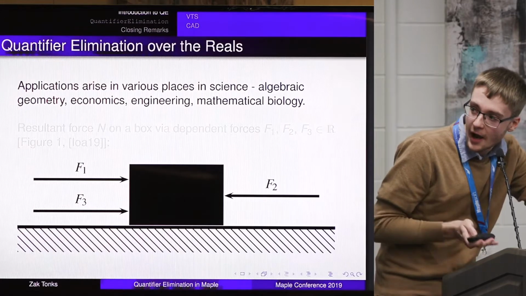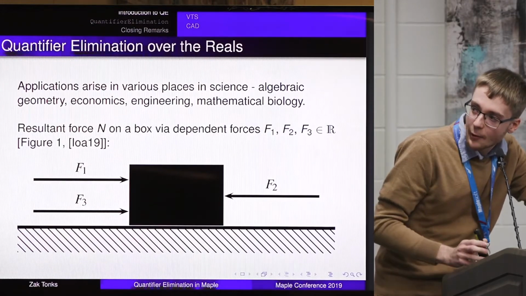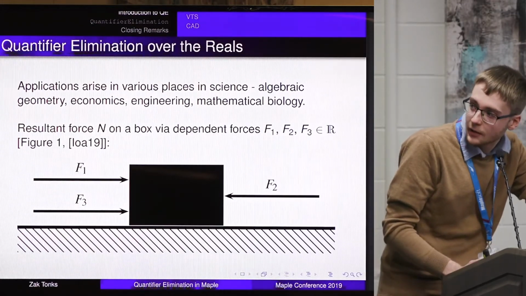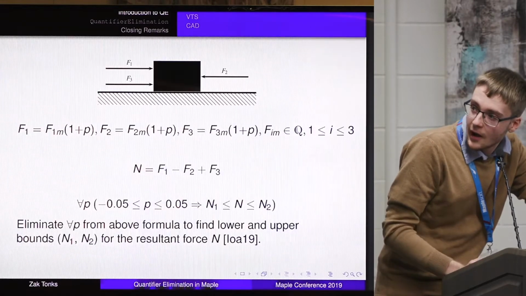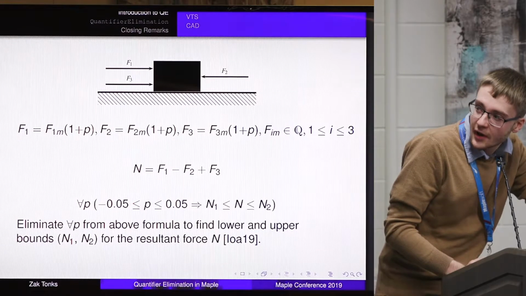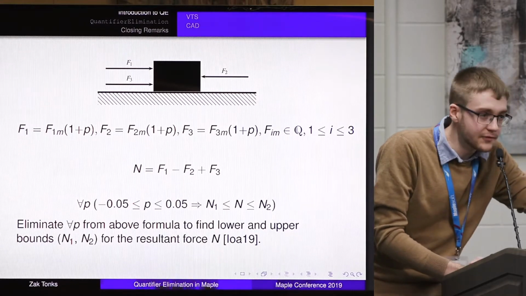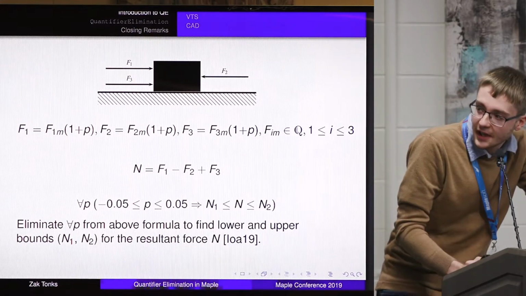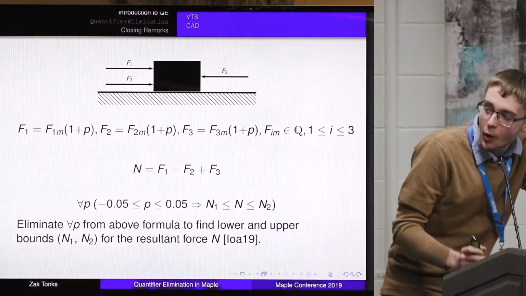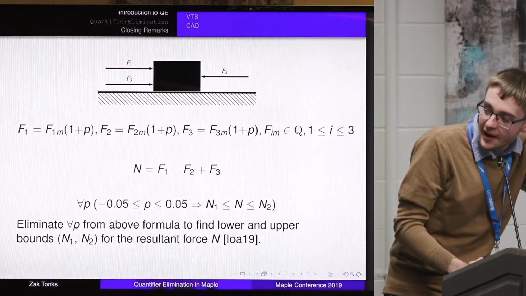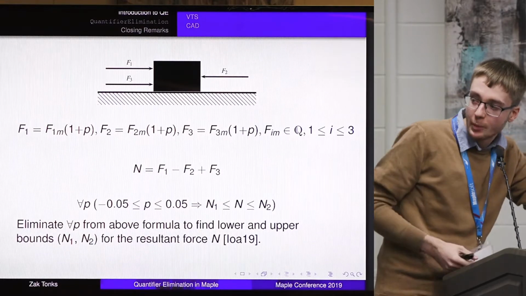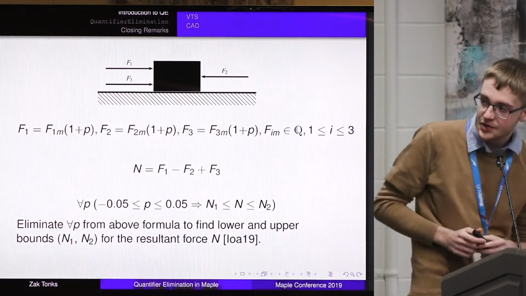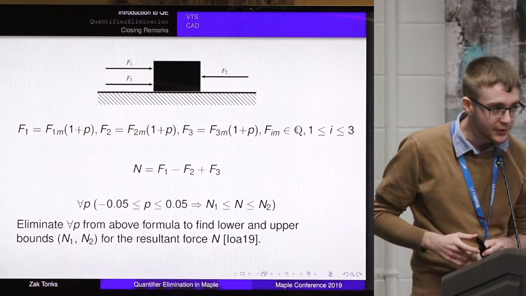Here we've got a box with 3 forces on it, and we want to talk about the resultant force N on this box from F1, F2, and F3. They're functions of P. I want to work out N. I want bounds for N, N1 and N2, and I want to eliminate for all P. So for all P in that range, I want N to be bounded between N1 and N2.